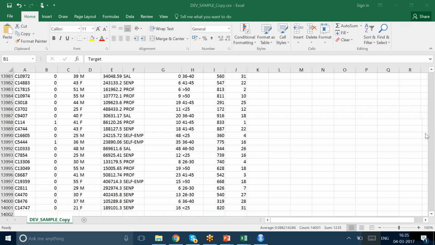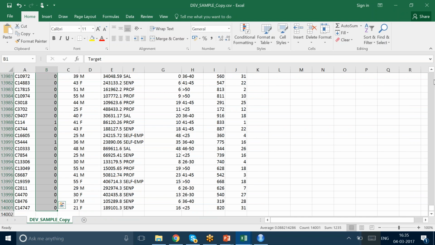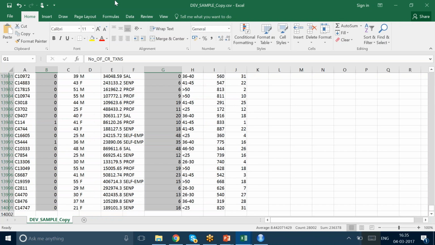To build a linear relationship, what I can do is take this column and this column. Let me plot a scatter diagram.